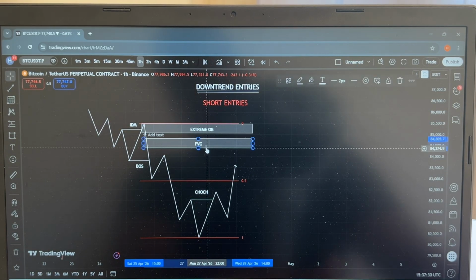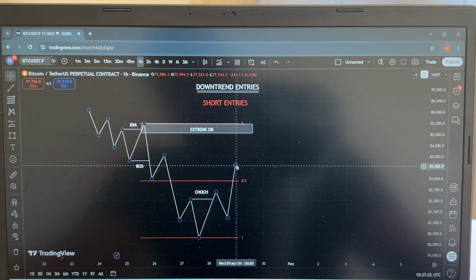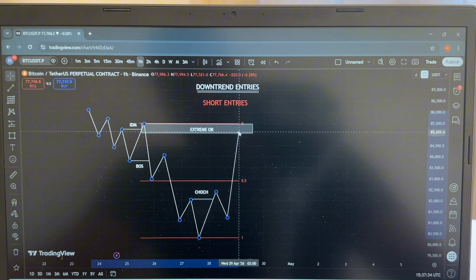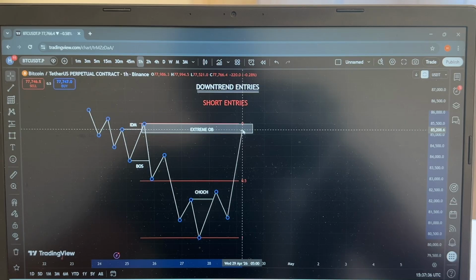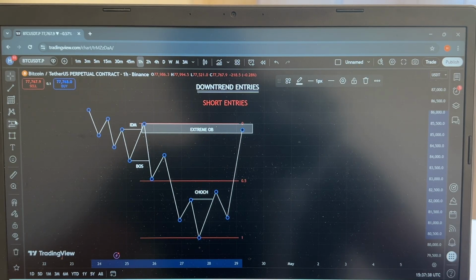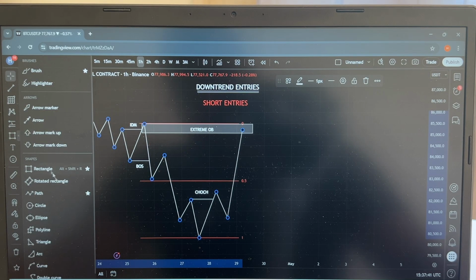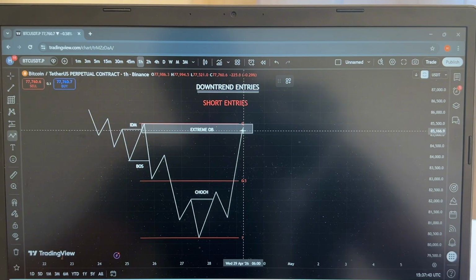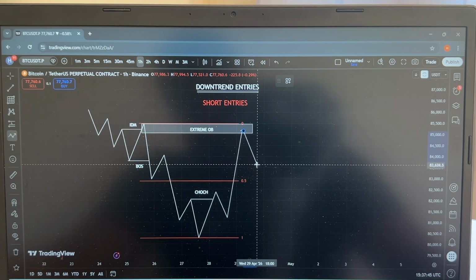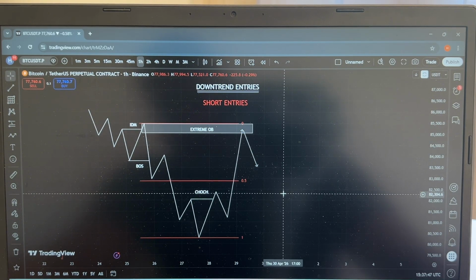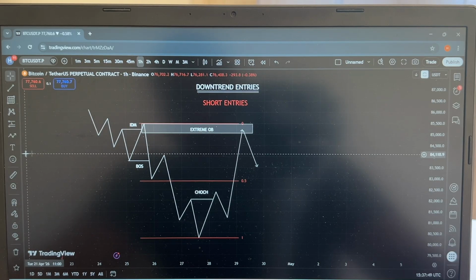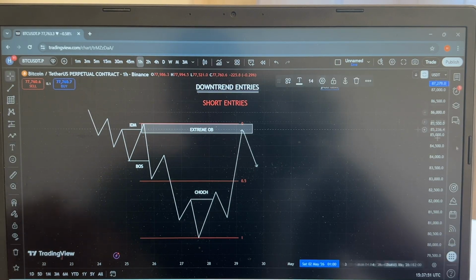I'll give you an idea of what the market will do if it goes to the extreme order block right over here and how to get into an entry just like before. The market is going to go to the extreme order block and pump down.